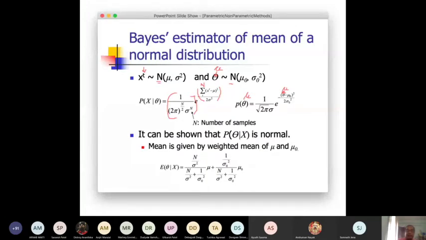That means it's a weighted mean of mu and mu naught. Mu is the expectation of the probability density function of the random variable x, and mu naught is the expectation of the probability density function of the parameter mu. So that is the prior probability. This is how your estimation of the mean gets changed by this prior probability.